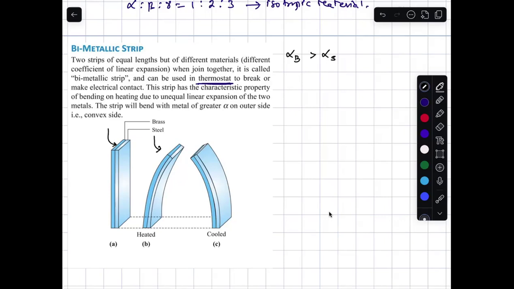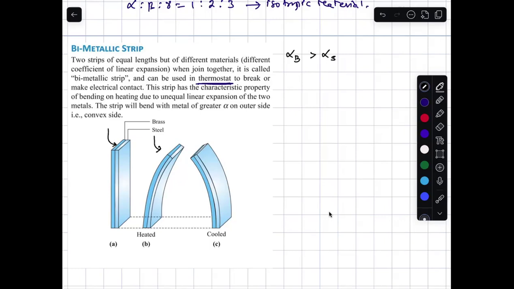Thereafter, what happens? Tell me. It will cool down naturally. Automatically, this will take the original form. Again, contact is maintained. Again, current flows. Again, heating. Once that temperature is reached, it will bend. This is the working principle of the thermostat. On the other hand, if it is cooled, what happens?